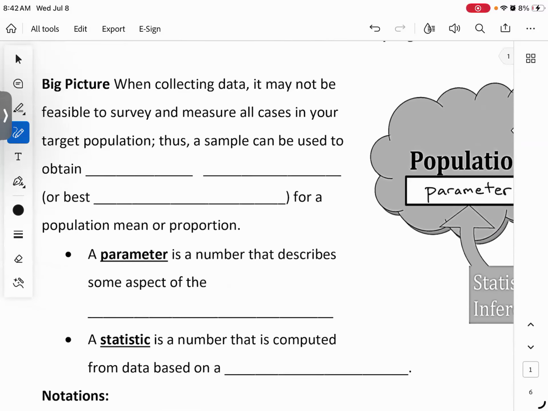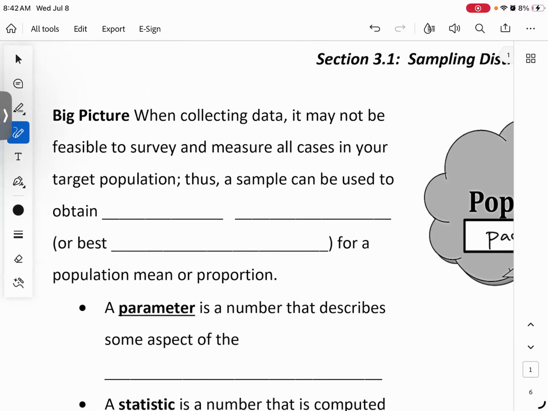Some of your main key vocabulary words here: whenever you do just a sample, it's giving you a point estimate. Or maybe a simpler way to describe it is that it's giving you guesses about what might be true concerning the entire big population.